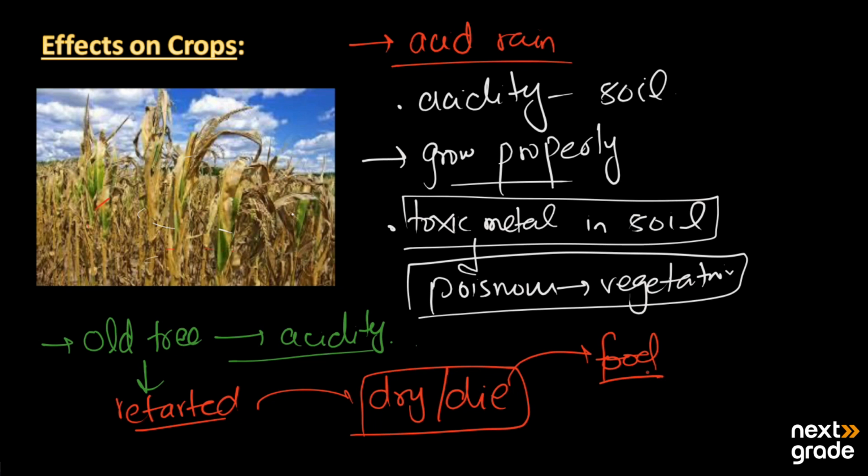So this was a simple explanation of the effects of acidic rain on the crops.